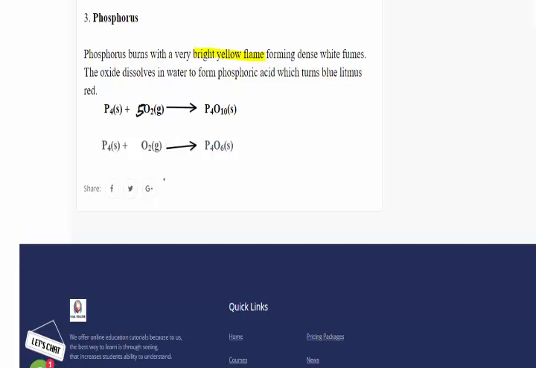In this case, we have 2 oxygen atoms on the left hand side and 6 oxygen atoms on the right hand side. So we can get a multiple which can give us 6, so that we balance this oxygen atom. So in this case we shall add 3 to make 6. So this equation is now balanced.